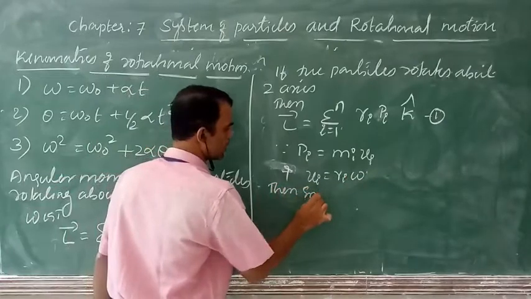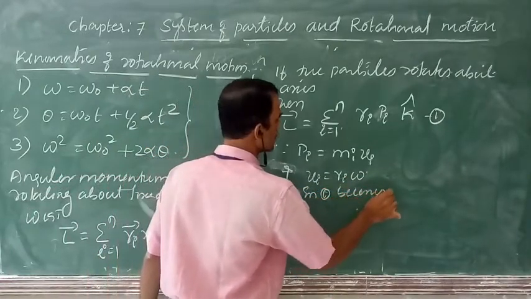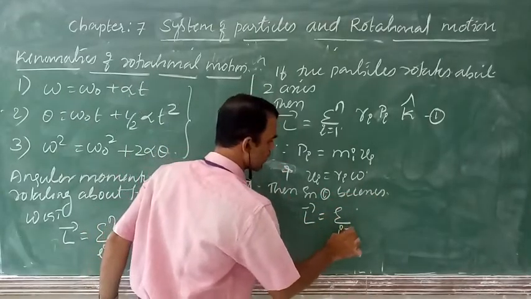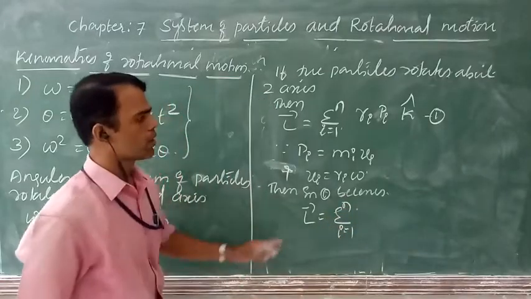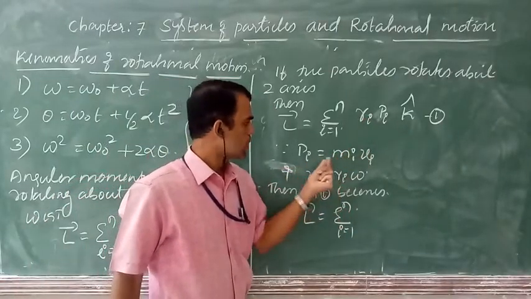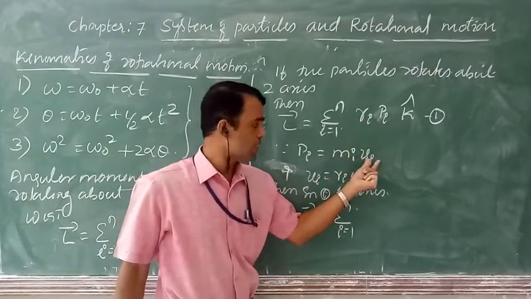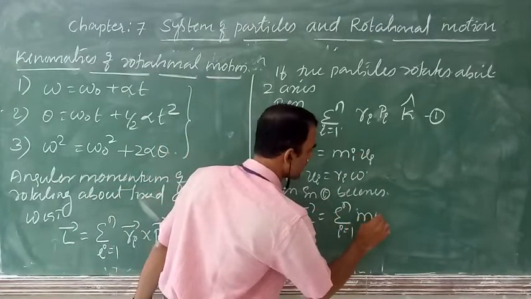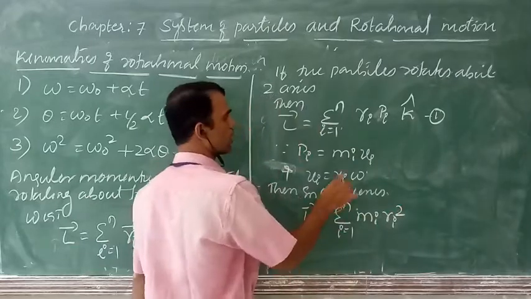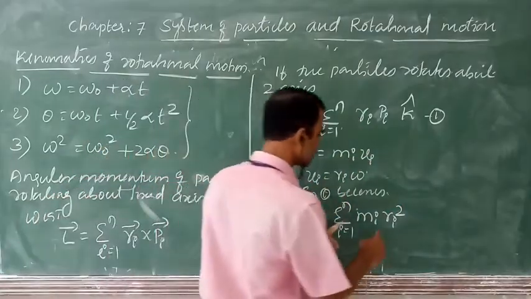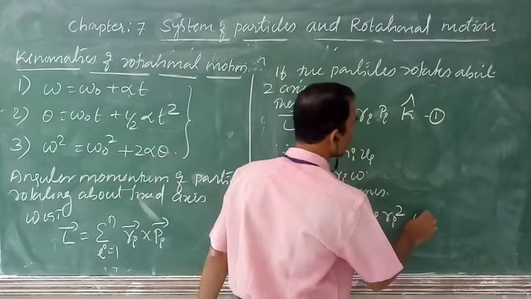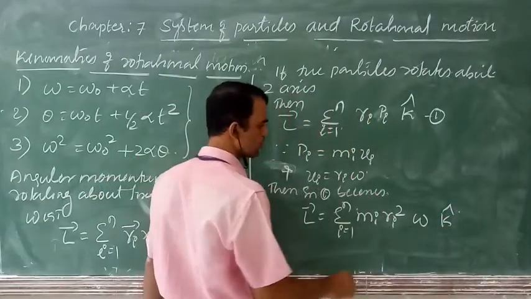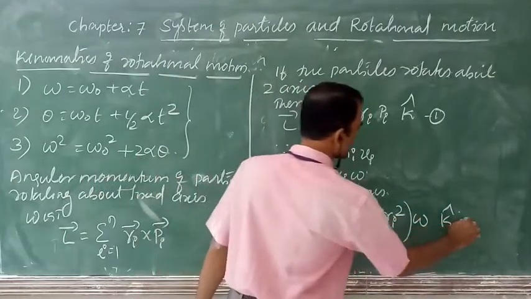Then equation 1 becomes vector L is equal to summation of i is equal to 1 to n of Ri. Instead of Pi I can write mi Vi, and instead of Vi I can write Ri into omega. So therefore it is mi Ri square, because Ri into Ri is Ri square, mi Ri square into omega into k cap. We call this equation 2.